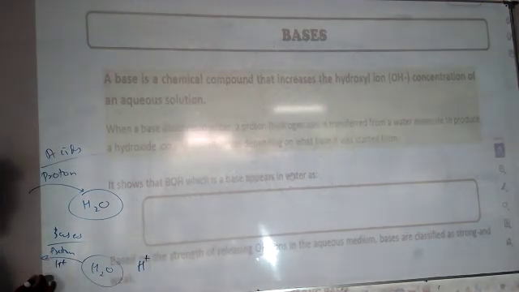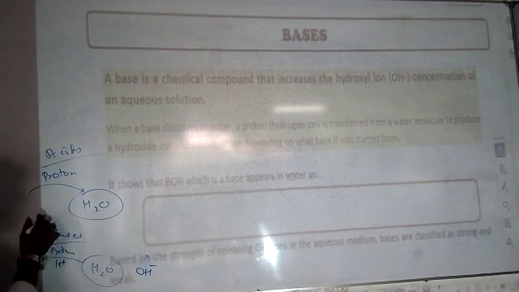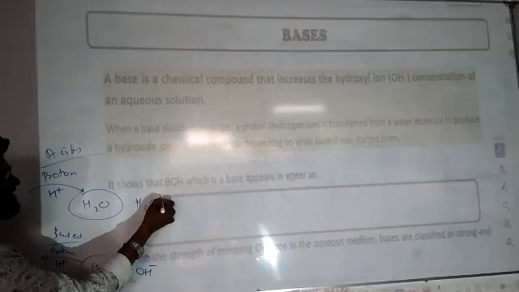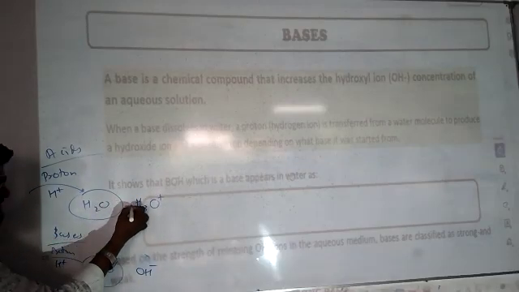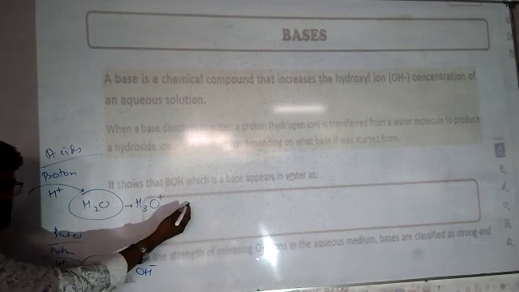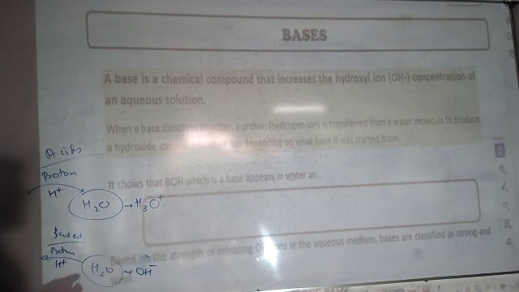Proton means hydrogen plus. When hydrogen plus is given out, what remains is OH minus, so it is a base. And H2O added with H plus forms H3O plus, so it is an acid. OH minus means base.